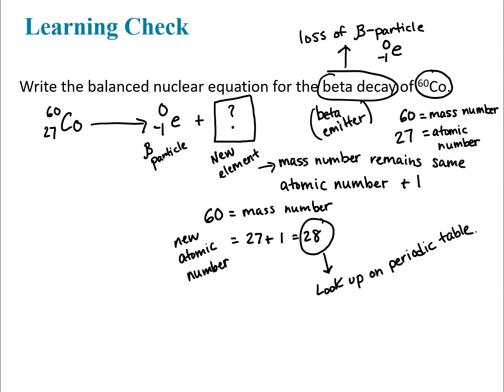It's nickel. So the balanced nuclear equation: we have our cobalt 60.